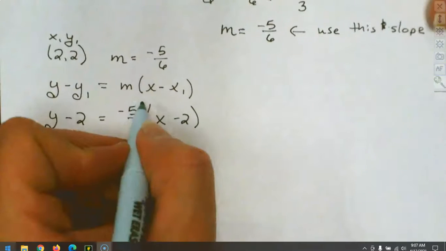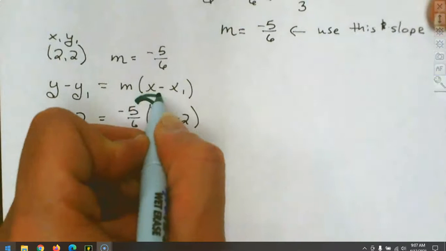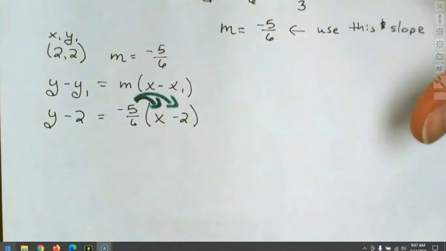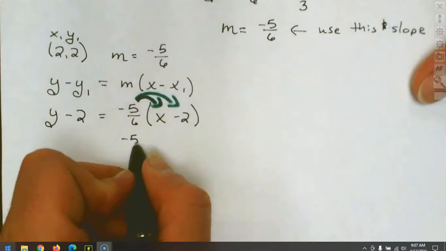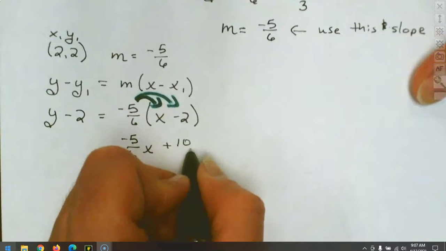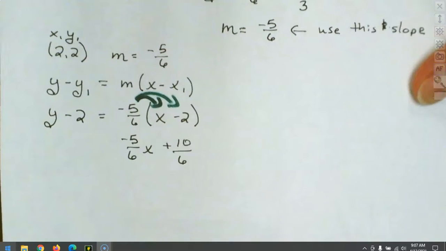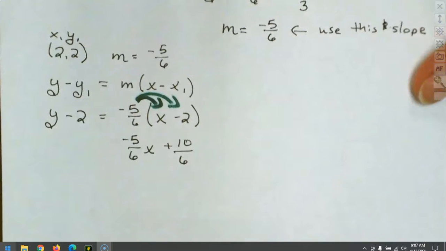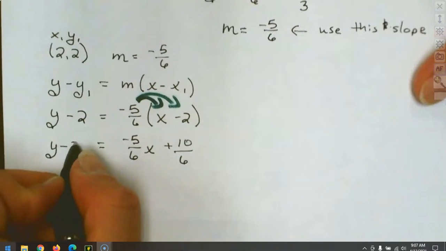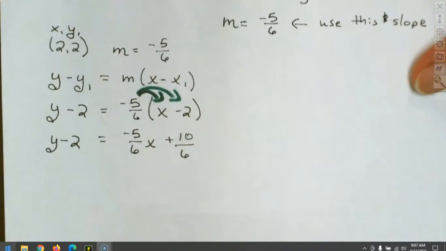This one will probably be easier if we get it in standard form first. We don't have to reduce the fractions because we're going to have to get rid of them. So we can distribute this through, and that makes it 5/6 x plus 10/6. And you could reduce that down to 5/3, but you really don't need to, because it's going to be gone in just a moment.